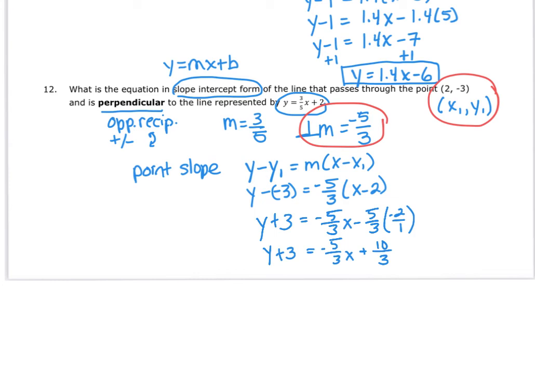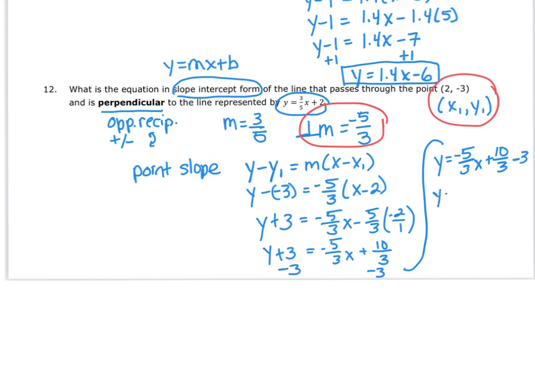Now I need to add 3 to both sides because I'm needing to solve for y.